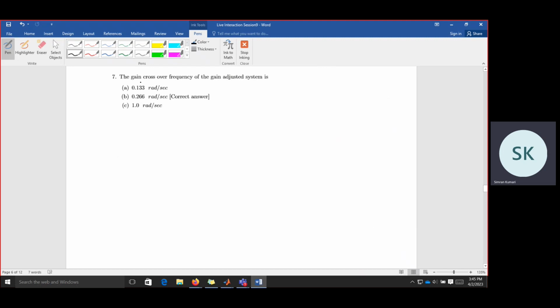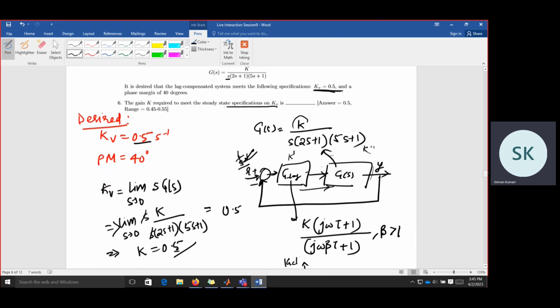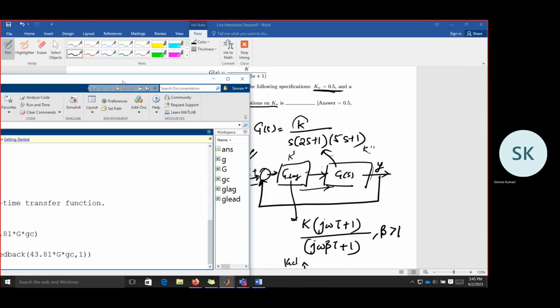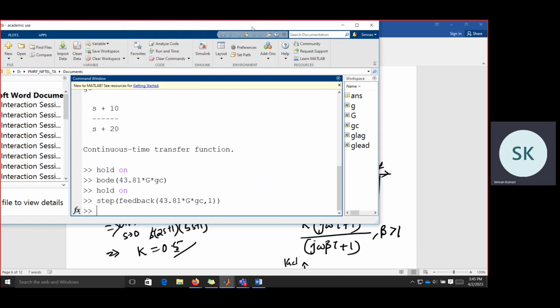So, the gain crossover frequency of the gain adjusted system. We had this system, now we have this gain adjusted system. Let us see what we find through MATLAB. So we have this system, k by s, 2s plus 1, 5s plus 1. Suppose we'll try to find the denominator.